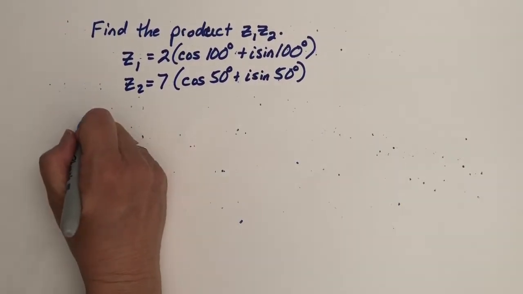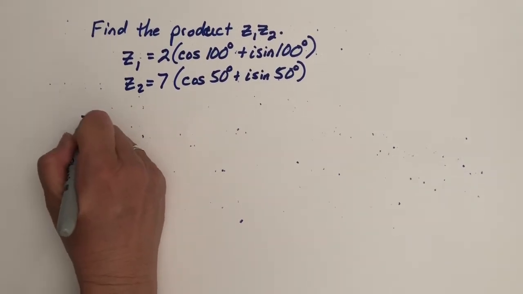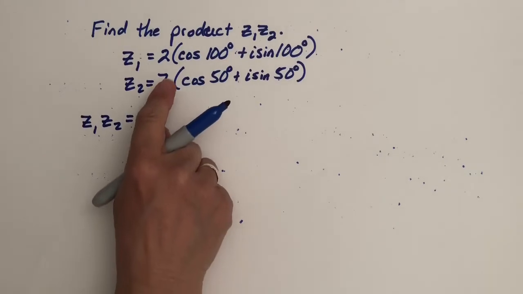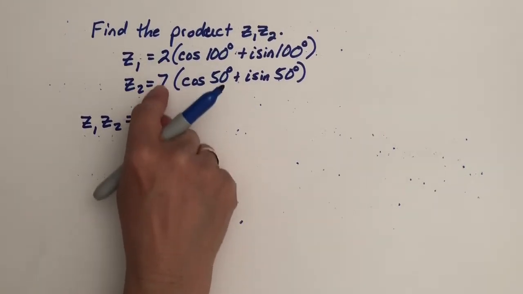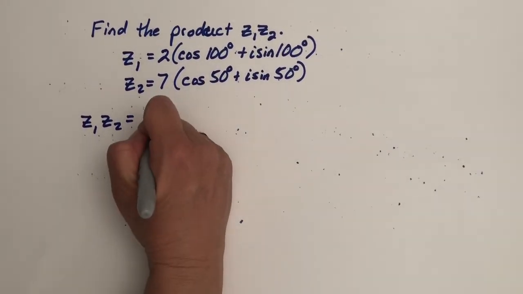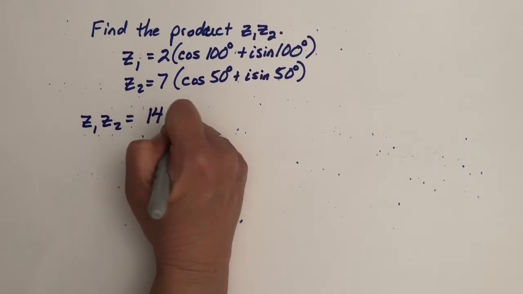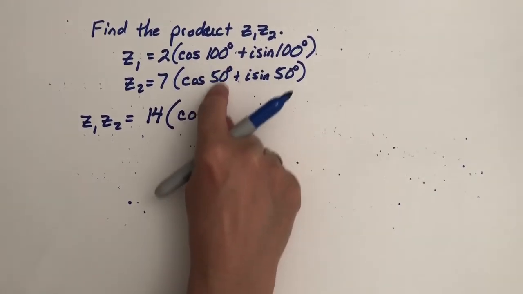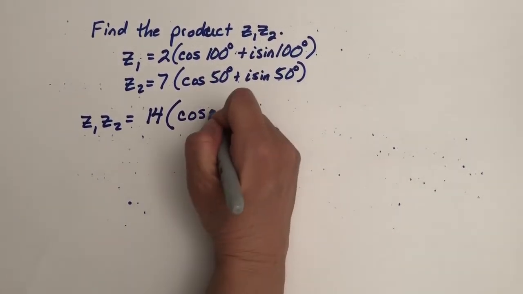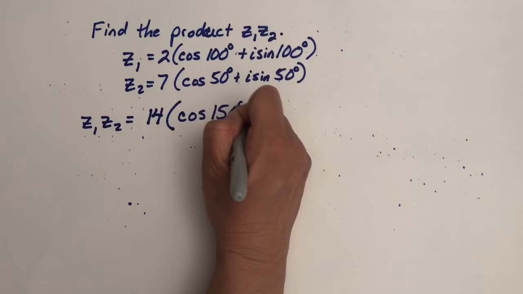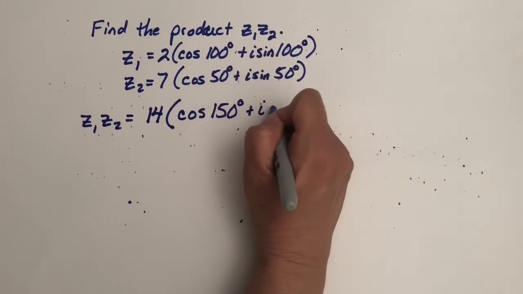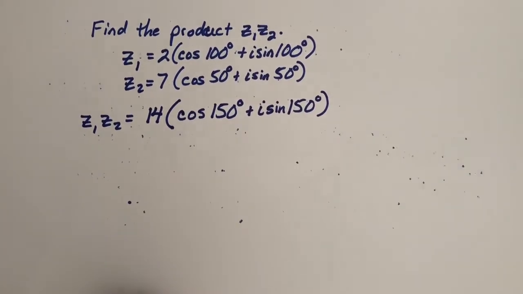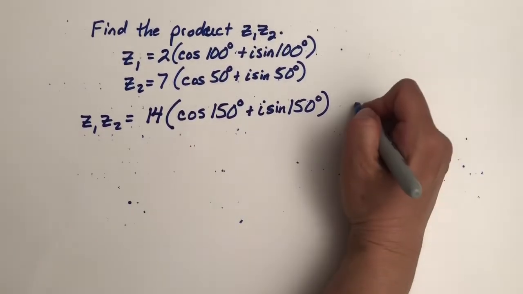So to find their product, z1 z2 equals, we take the product of their magnitudes, so 2 times 7 is 14. And then we have cosine of the sum of those angles, 100 degrees plus 50 degrees is 150 degrees, plus i sine 150 degrees. And we have their product done, and it is in trig form.